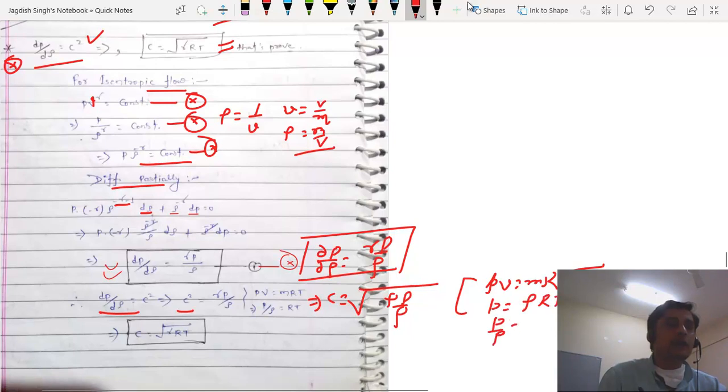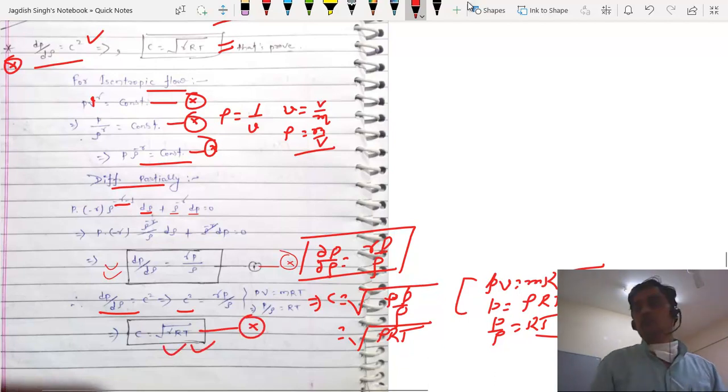This implies P by rho is equal to RT. Therefore, C is equal to square root of gamma RT. So this simple derivation, this question has been asked several times in examinations.